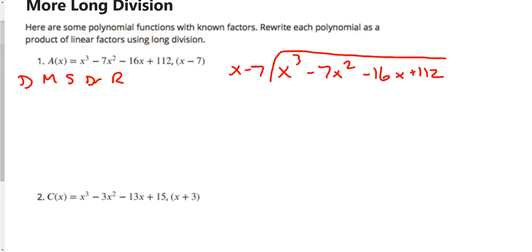So x to the third divided by x. That's x squared. But I put it above the x squared term. Again, let's keep our like terms lined up. Multiply x squared times this. X squared times minus 7 is minus 7x squared.